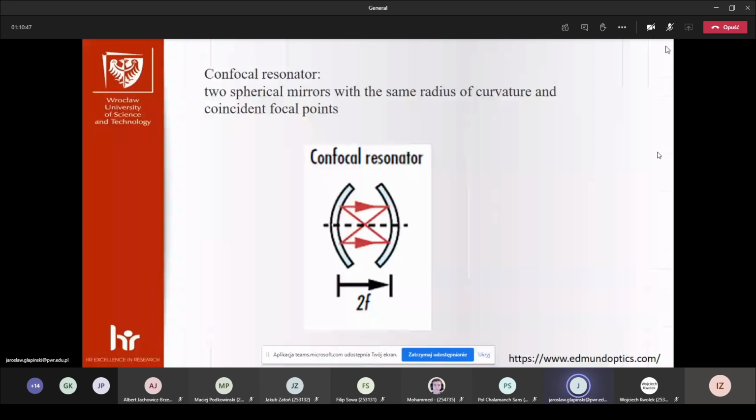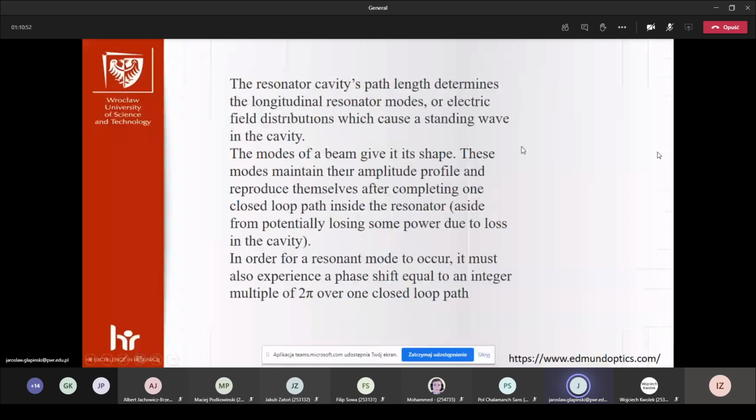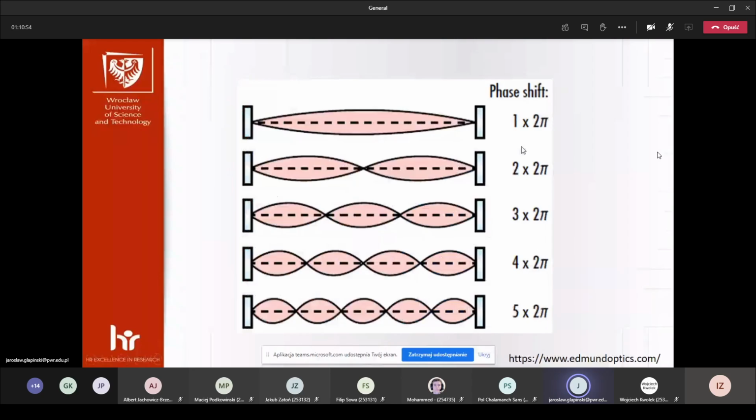Okay, so as you can see, the number of resonating waves is also important to produce the proper laser light.